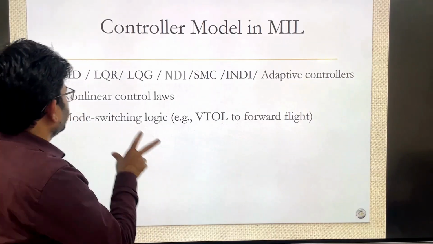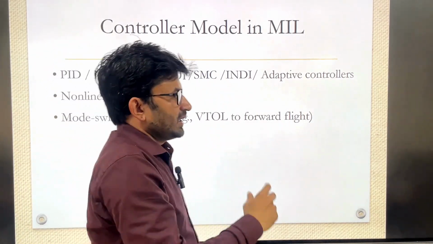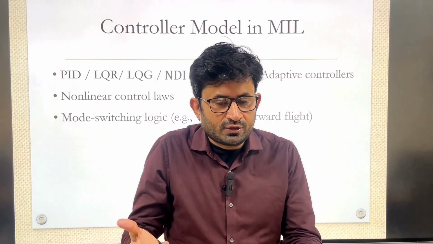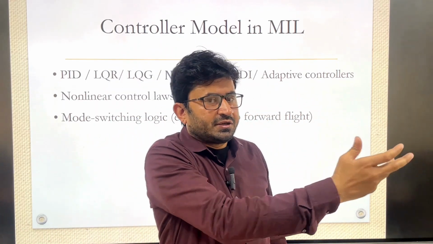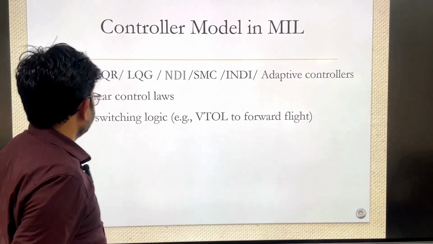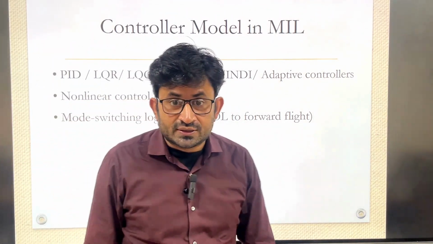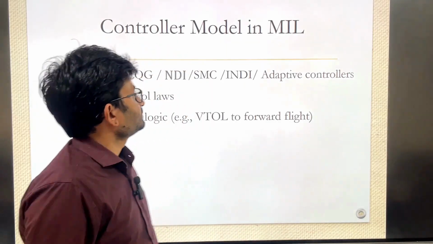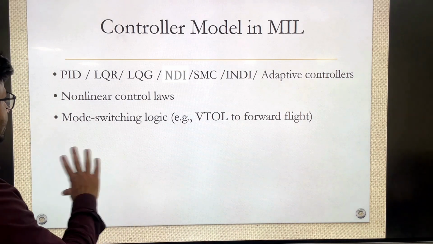So a non-linear controller, and if you are using INDI or NDI, the same controller can operate at multiple trim points. Already I explained that to you. And there is some kind of switching logic from vertical to transition and then backward transition. These things you can model.